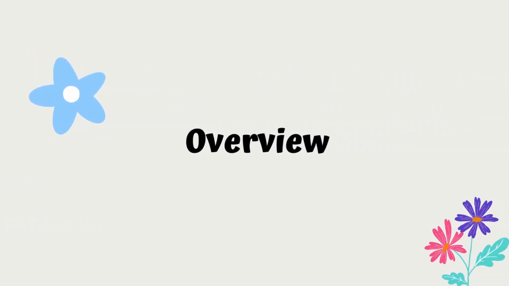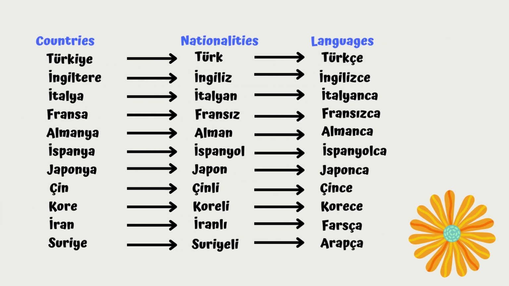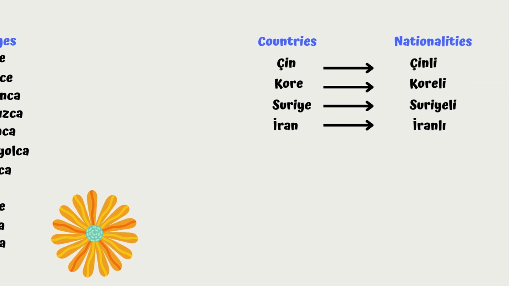Let's overview all the countries, nationalities and languages. So this is the list. You can stop here if you want to and take notes. But I have one question. Do you notice anything? Look at the endings. Okay, let me clarify that.